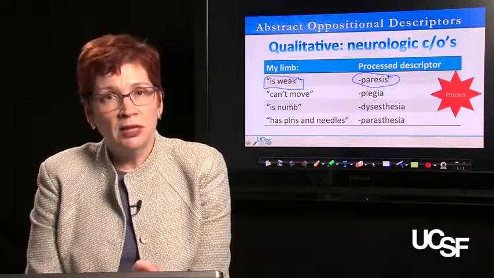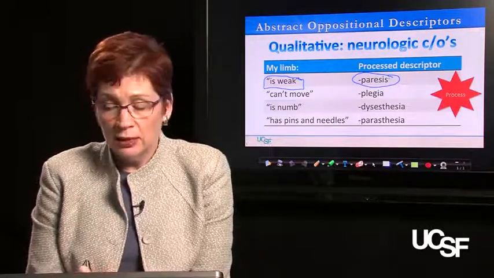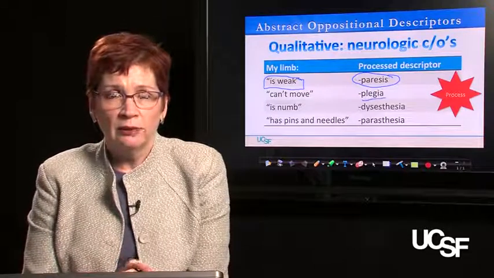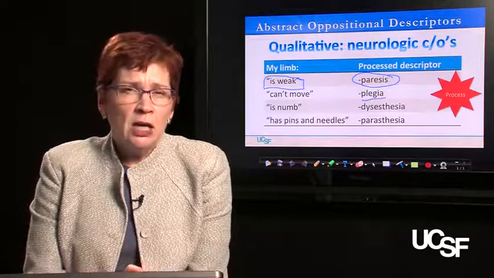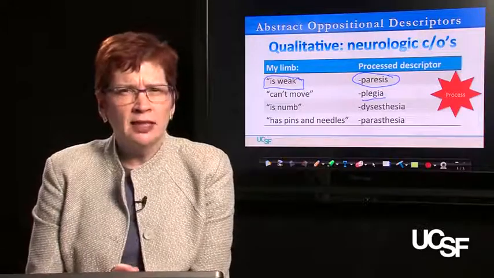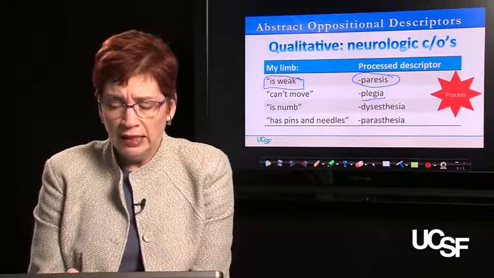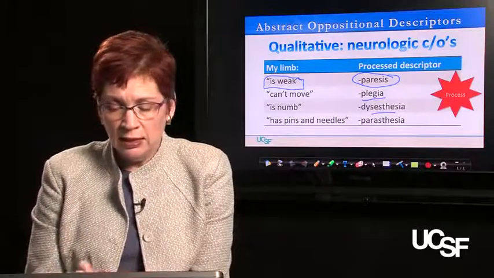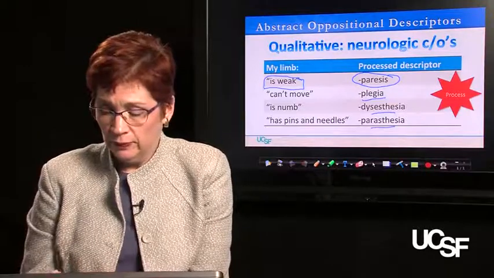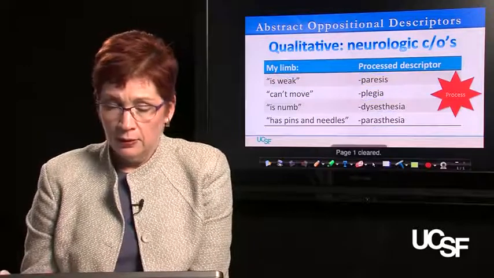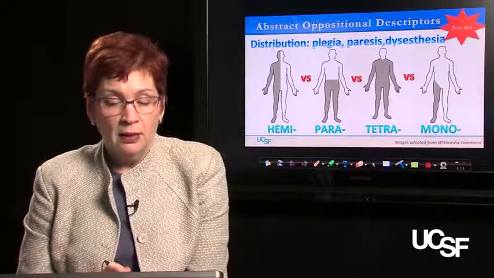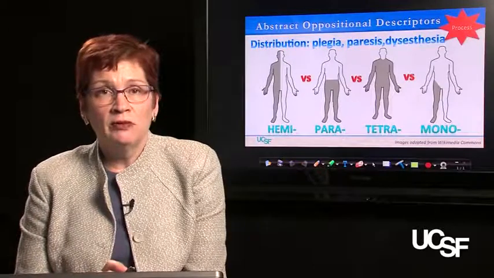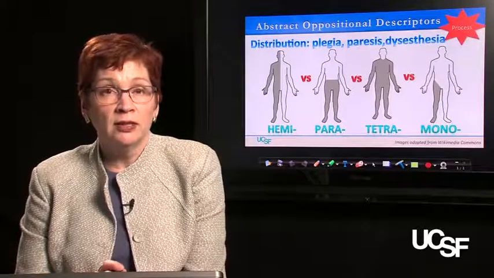If, on the other hand, my patient says I can't move, then I'm going to say that the person has a form of plegia. If they have some numbness, that's not the absence of sensation, but just a funny sensation, I might call that dysesthesia. And pins and needles might be paresthesia. There are many forms of qualitative processing for different signs and symptoms.